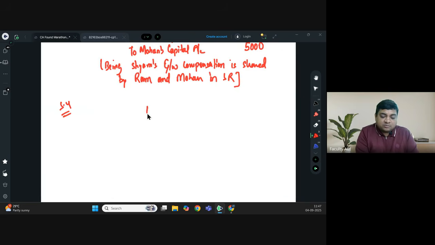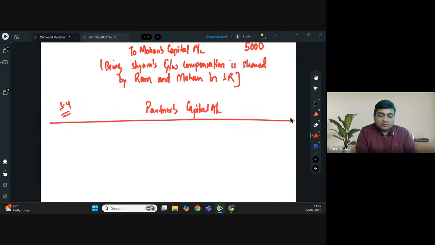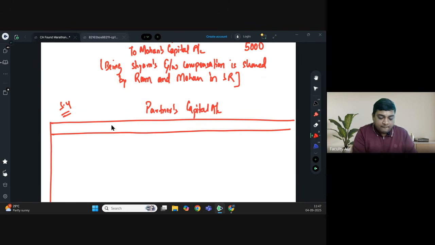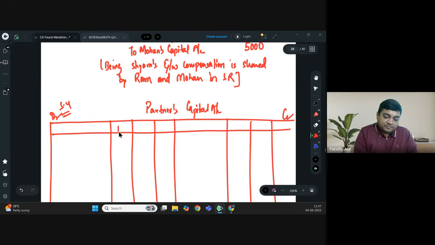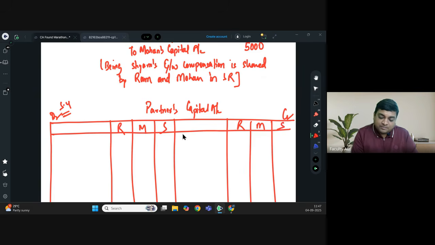Step 4. Partners' capital account. Ram, Mohan, Shyam.